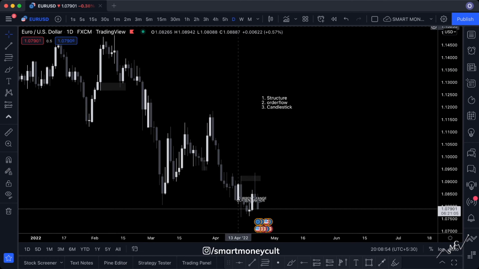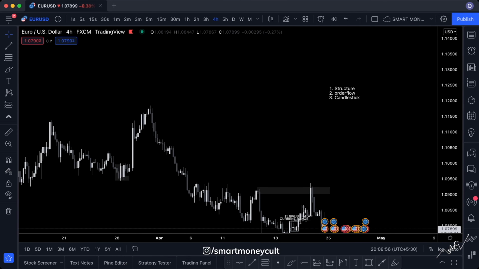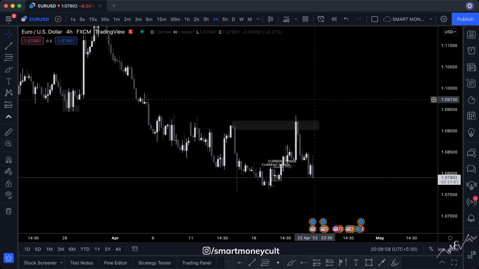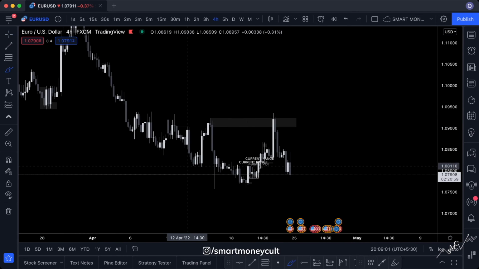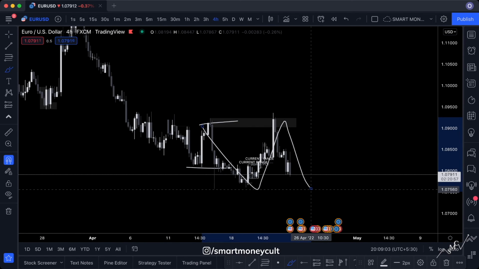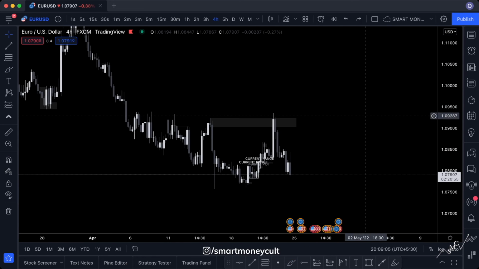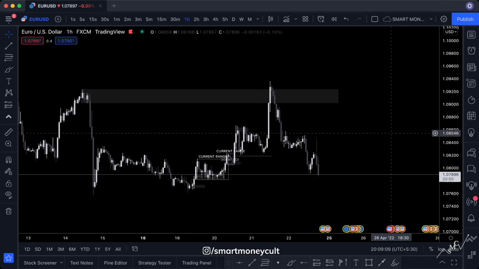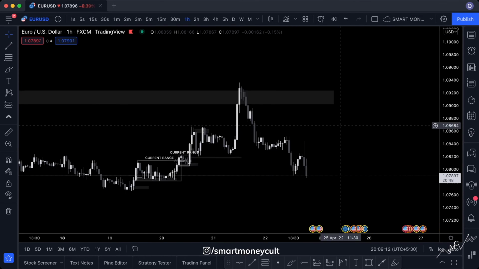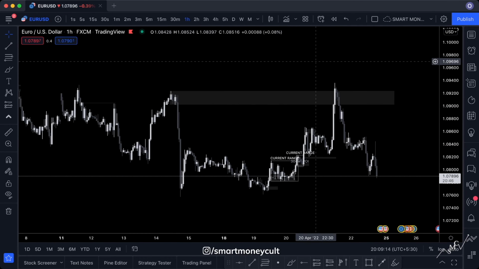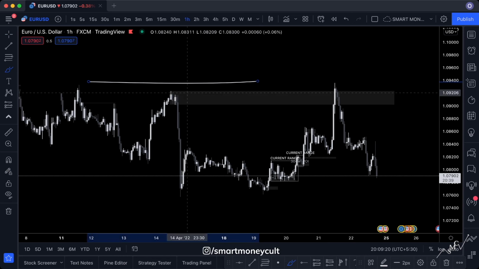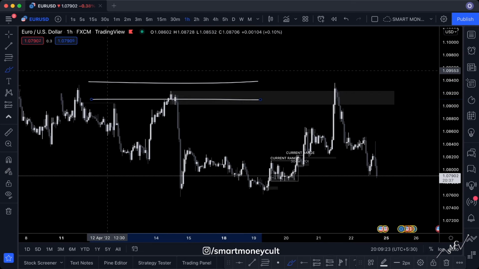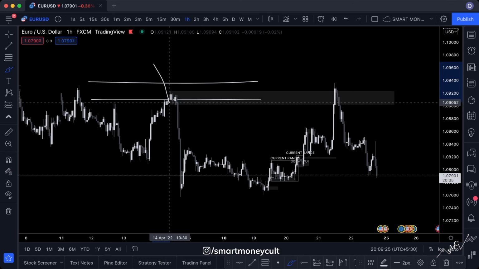Then I move on to the 4 hour charts, still bearish. Price delivery is bearish. Okay, nothing here, still bearish. Go on 1 hour, which we just discussed, again bearish. Now, when I'm switching from weekly, daily to 8 hours to 4 hours to 1 hour, in the back of my mind, I know that Euro USD is at a weekly demand and it is not liquidating the demand.